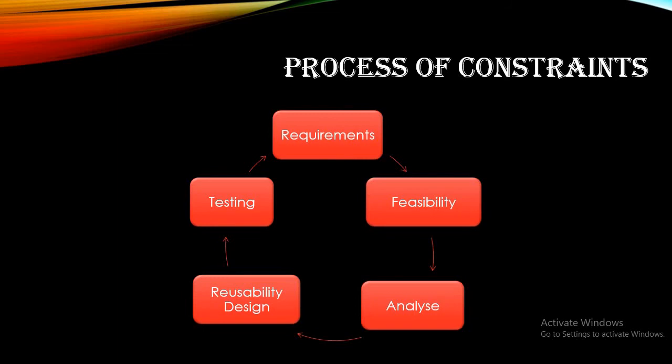The requirements should be carefully identified, and next the feasibility should be checked for the suitability of the project in terms of software or hardware requirements, or it can be cost, or it can be time. Then the problem should be carefully analyzed and design should be made keeping reusability in mind, and finally the testing should be done carefully.